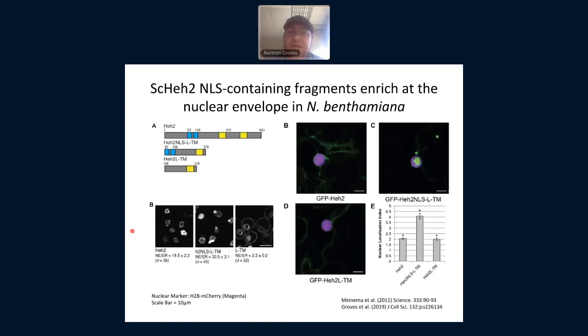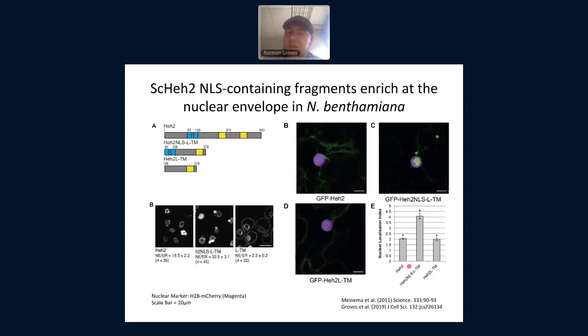So next we wanted to test if the yeast protein Heh2 could localize efficiently to the nuclear envelope in plants. The reason for testing this is that a fragment of Heh2 containing nuclear localization signals and the transmembrane domain had been shown in yeast to efficiently localize to the nuclear envelope. So we wanted to test this here as well.